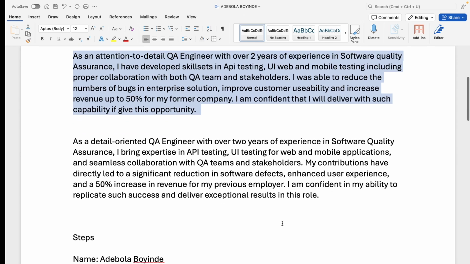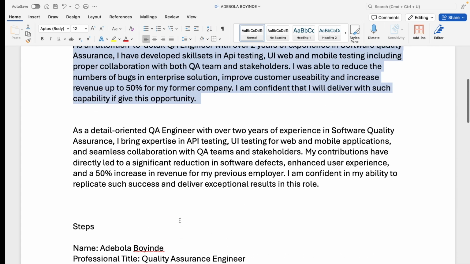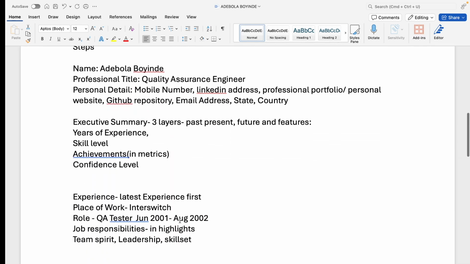In your executive summary, we said that it is important that you highlight three layers or four features, right? Your executive summary shows your past, your present, and the future. And each of these consists of your years of experience, your skill level, your achievements indicated in metrics, and then your confidence level. That is how you write your executive summary.